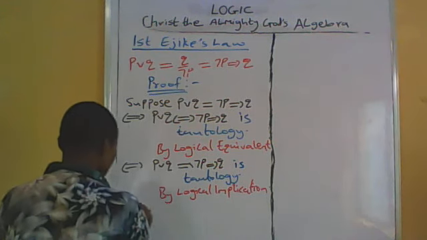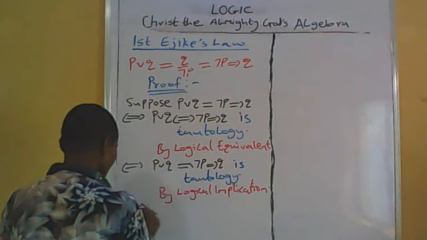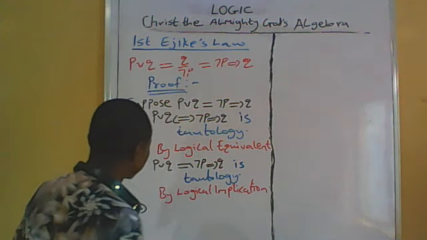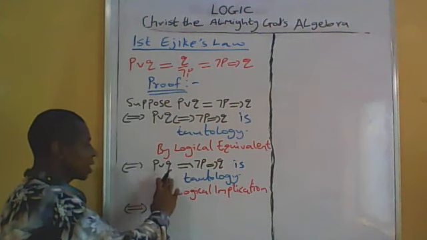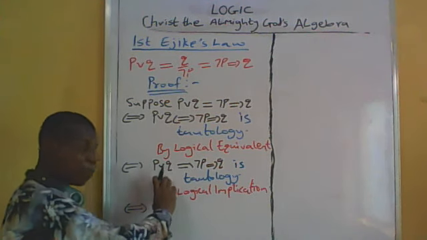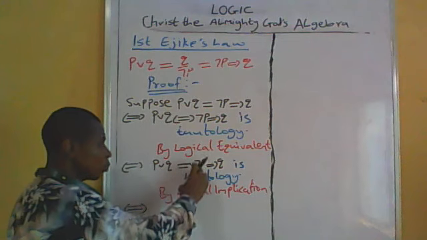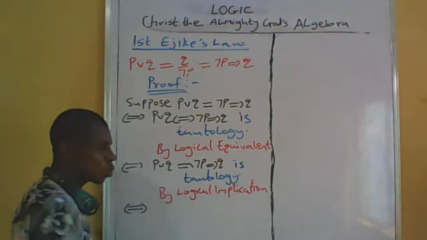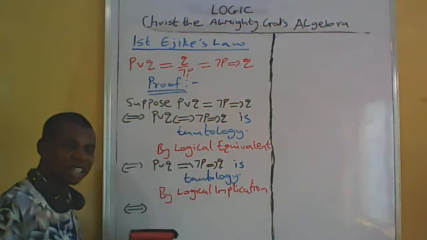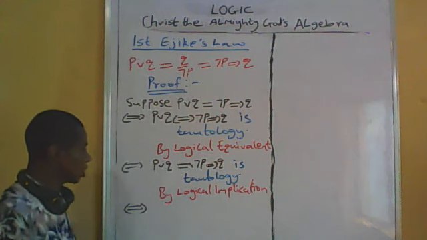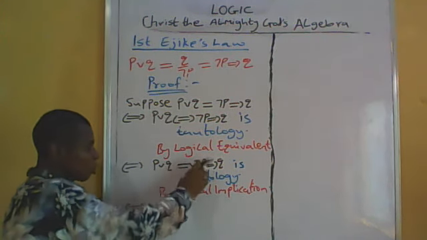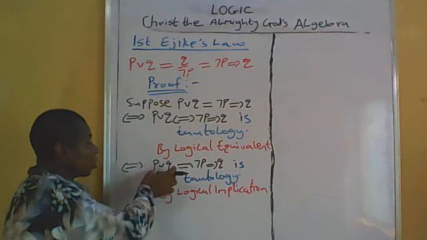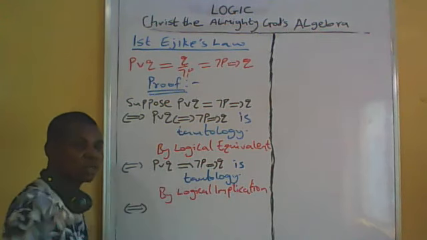So, if and only if you find out that this P or Q, that means the antecedent, is a proper implication of not P implies Q, I mean the consequent. And if that is the case, since P or Q is a proper implication of not P implies Q, we say that P or Q exists.